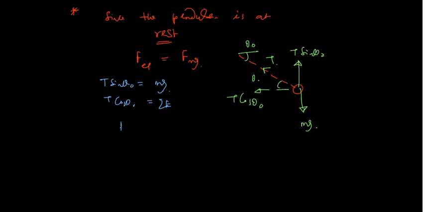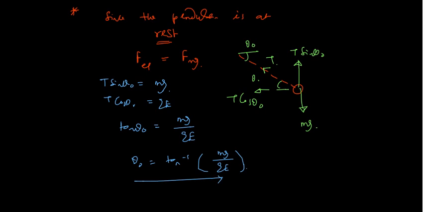So tan theta naught is equal to mg by QE. Then theta naught comes to be tan inverse of mg by QE. All right. So this is the answer you could have perceived.